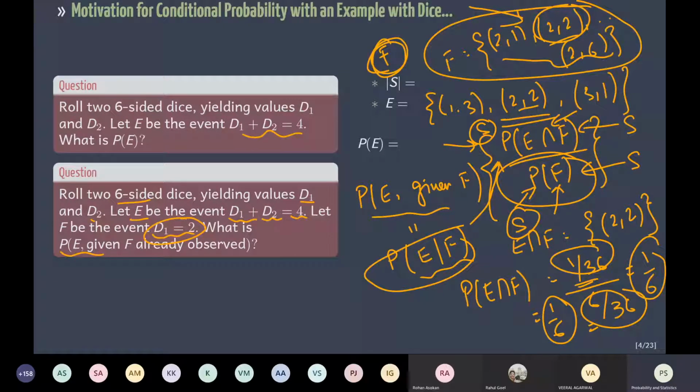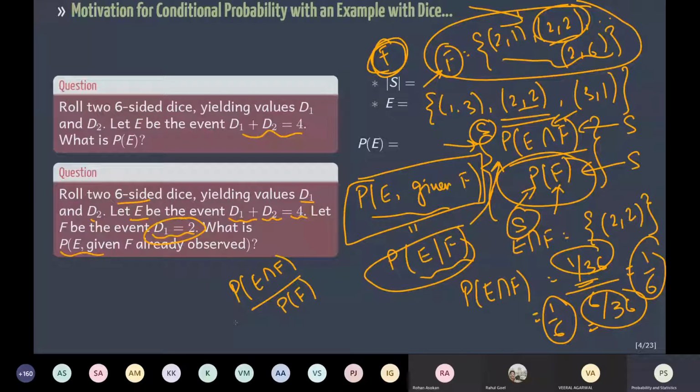Conditional probability tells you that if additional information F is given to you, then the probability changes. That is the takeaway. The way you calculate it is to take the ratio of the probability of E intersection F by the probability of F. That's the way to compute the probability of E given F.